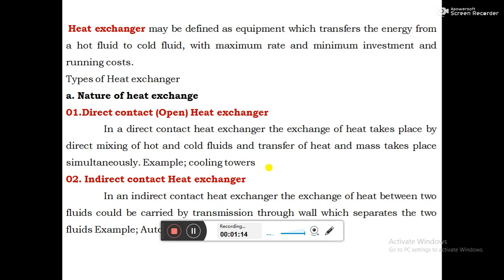This atmospheric air, while moving over the fins, absorbs the heat from the hot fluid. Thus, the exchange of heat takes place between the hot fluid and the cold atmospheric air by a combination of conduction and convection. And the water, by releasing heat into the atmospheric air, cools down and then returns back to the engine.